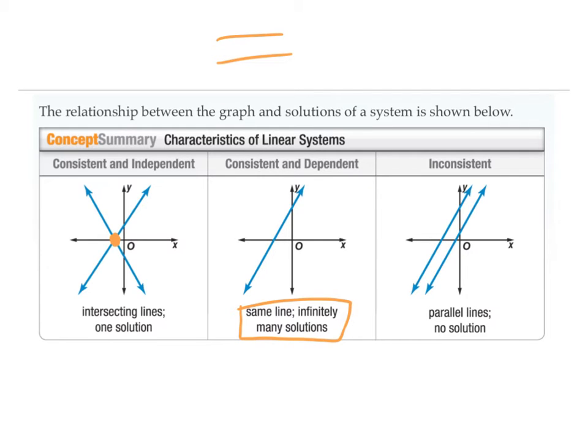So here we have a line and another line that's right on top of it. It's the same line, so this would give us infinitely many solutions because they touch in infinitely many places. And if our two lines are parallel, do parallel lines ever touch? No. So we would have no solution if our two lines are parallel.